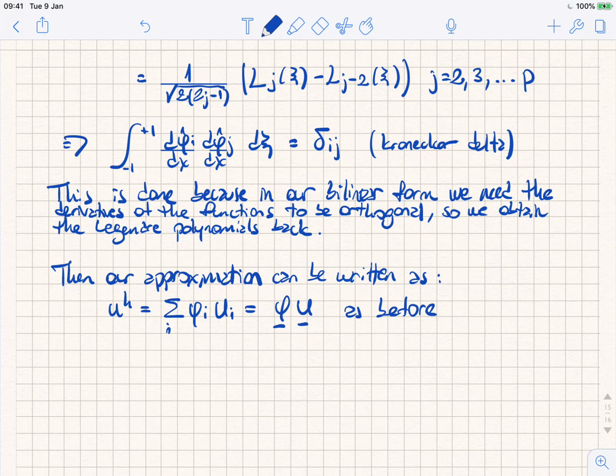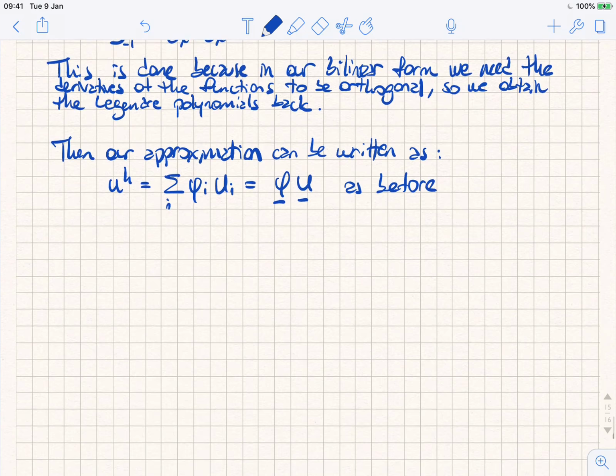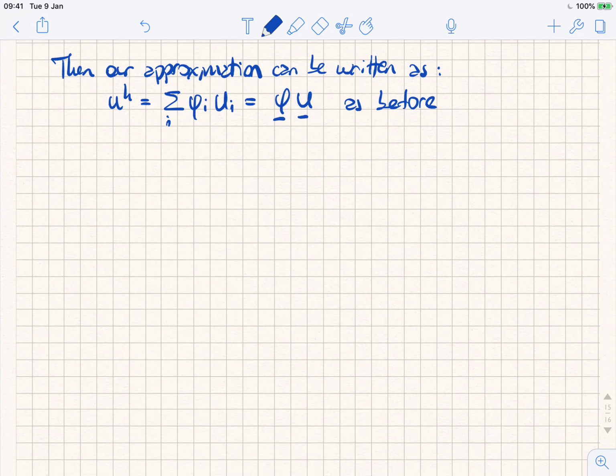So let's continue because we do have a lot of stuff. As we said, we're going to use the same linear mapping as before.